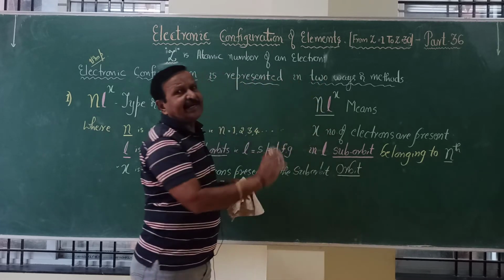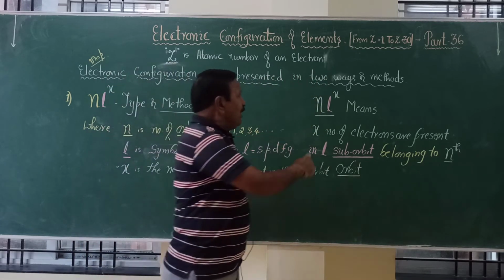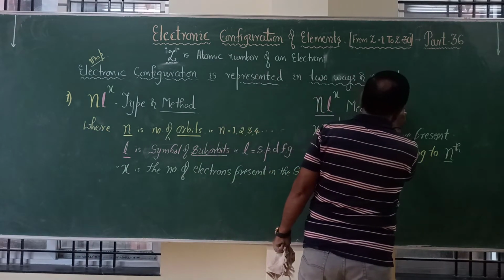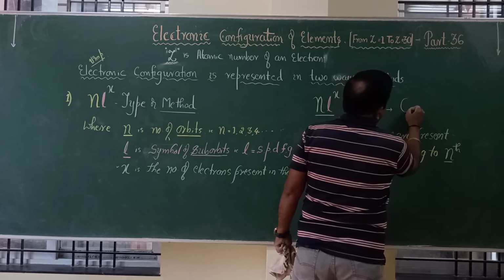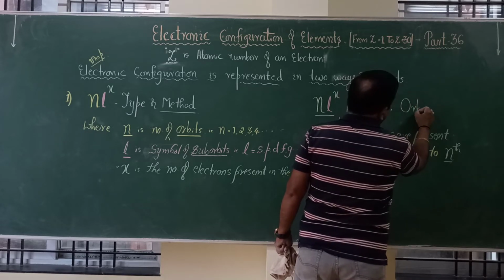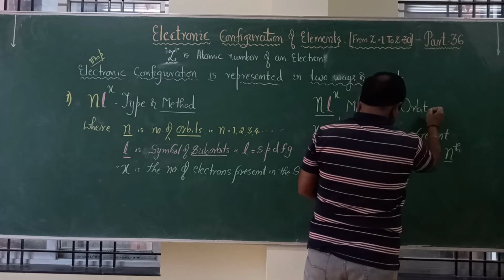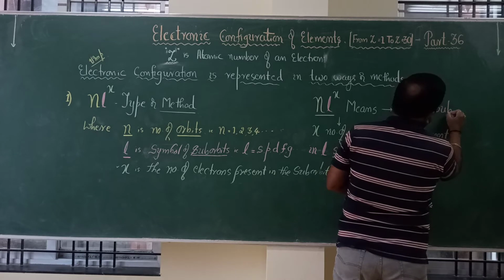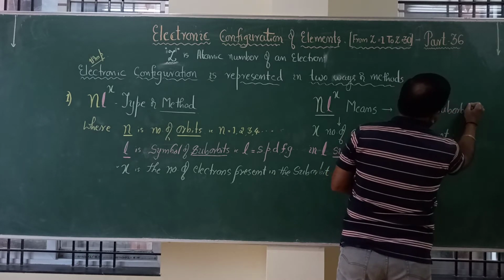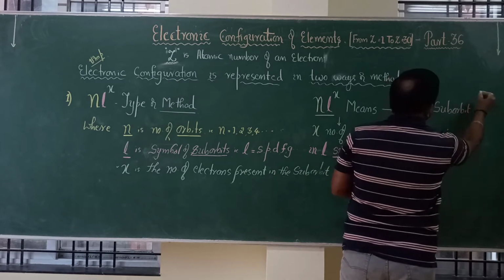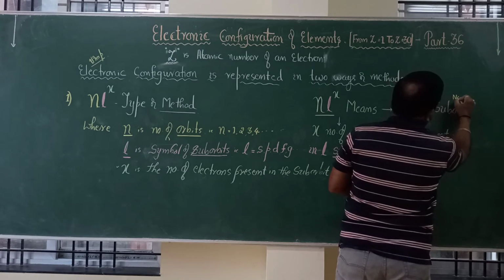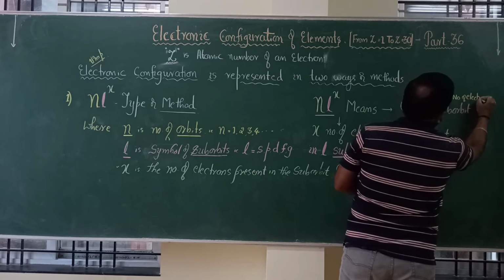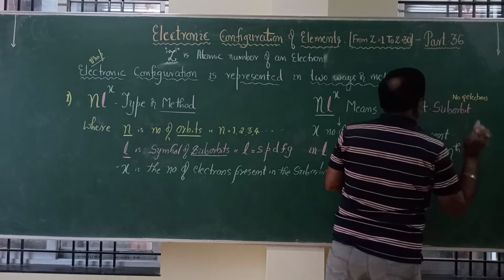And hence, this configuration means orbit, suborbit, and number of electrons. This is the meaning, and you can also see it like this: first we write the number for the orbit, then comes the suborbit, and here comes the number of electrons.